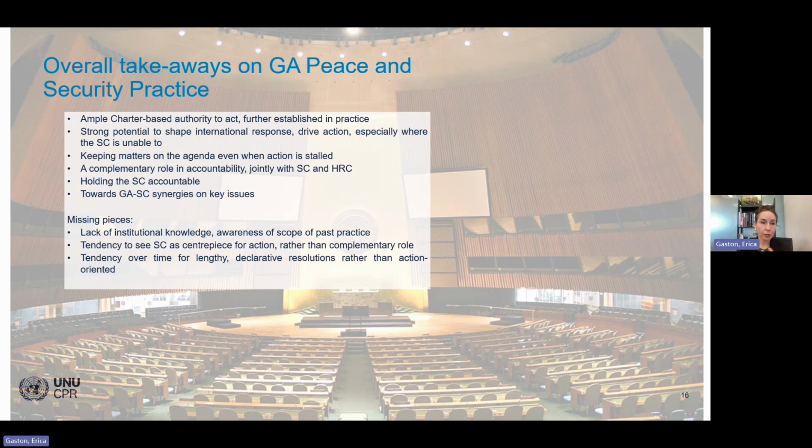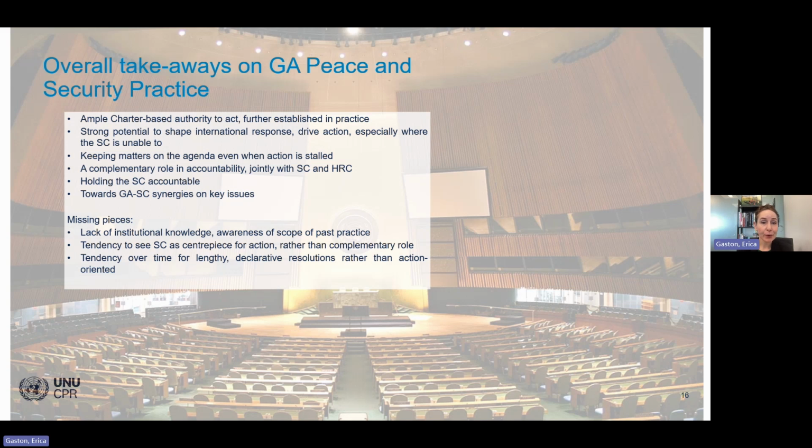And then finally, across all of the practice areas, we see a lot of examples of synergies between the General Assembly and the Security Council. While the GA can act as a bit of a check on the Security Council, there are also a lot of places where, working together, they can have more productive engagement on resolving disputes and taking action.